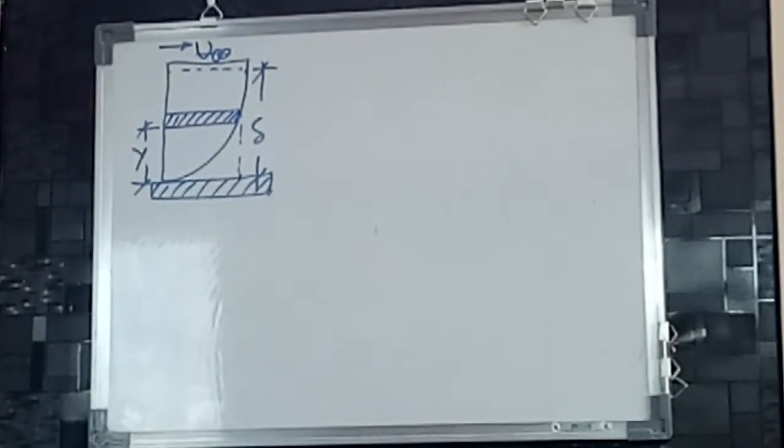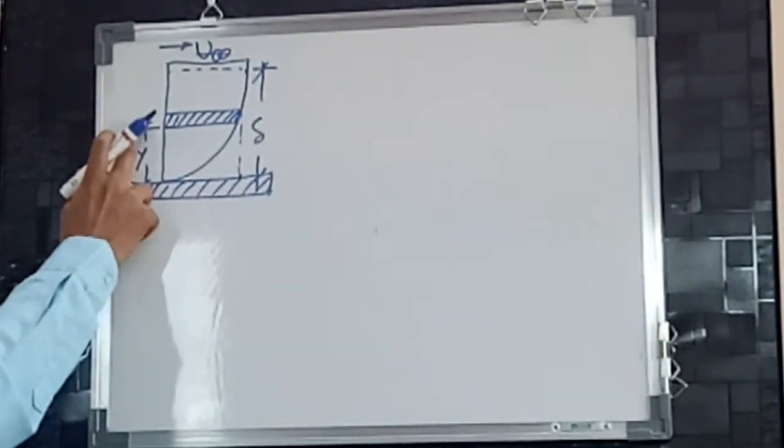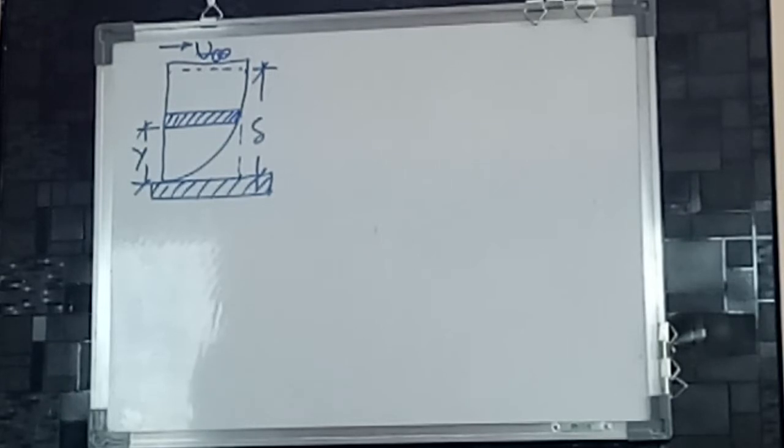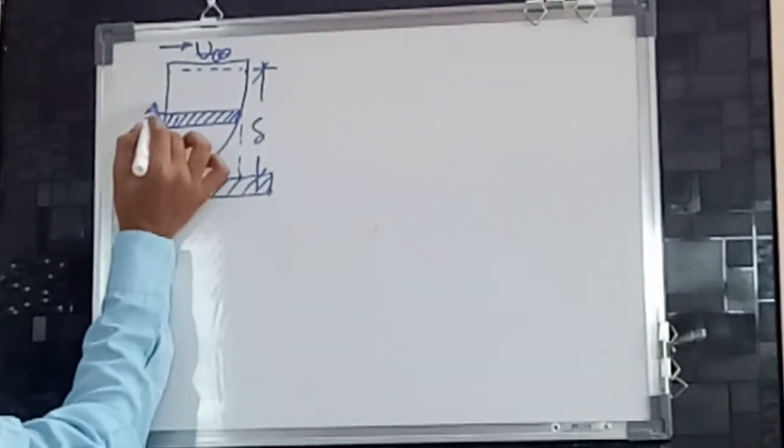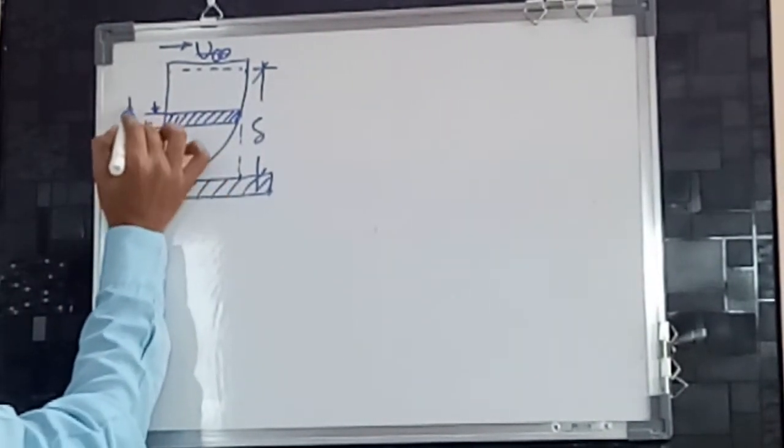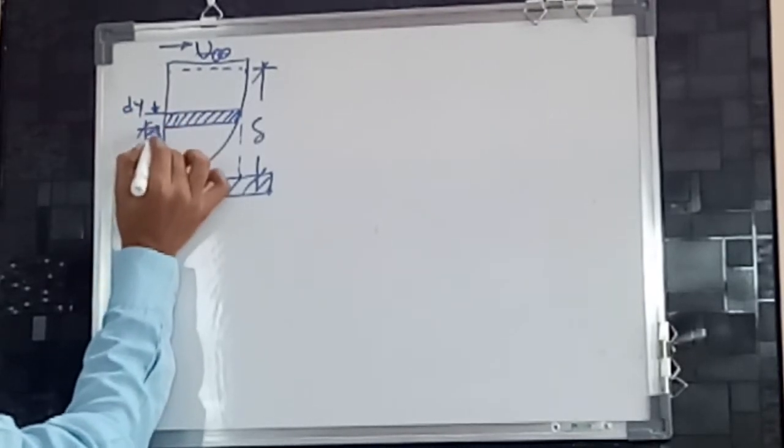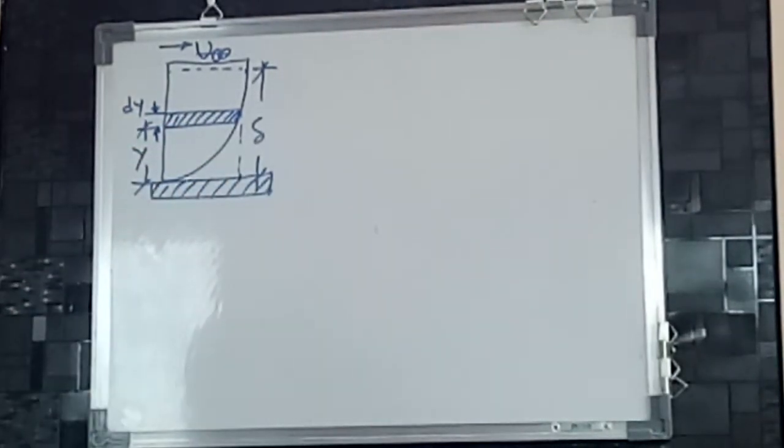Okay, now first consider the fluid flow having free stream velocity over a thin smooth plate. Now see here in this diagram, consider the elementary strip at a distance y from the plate, and dy is the thickness.